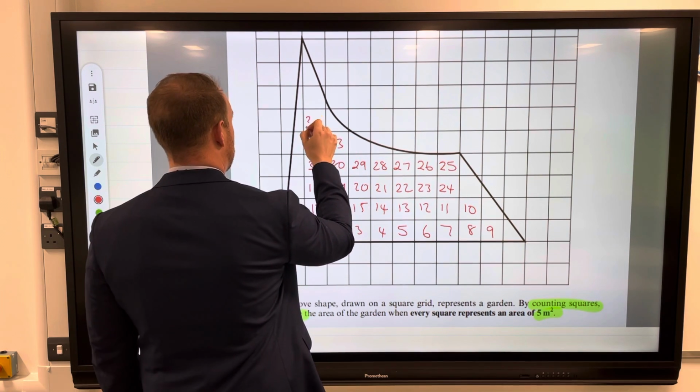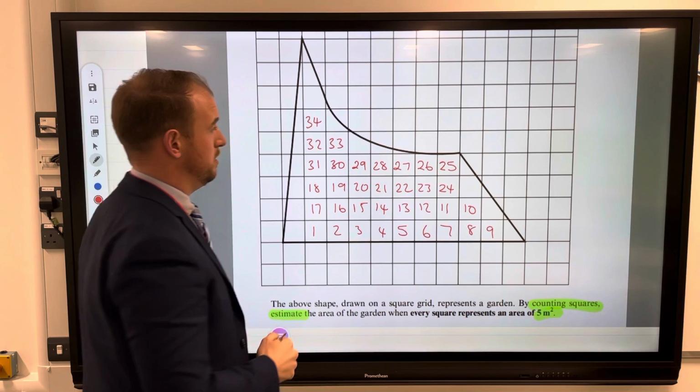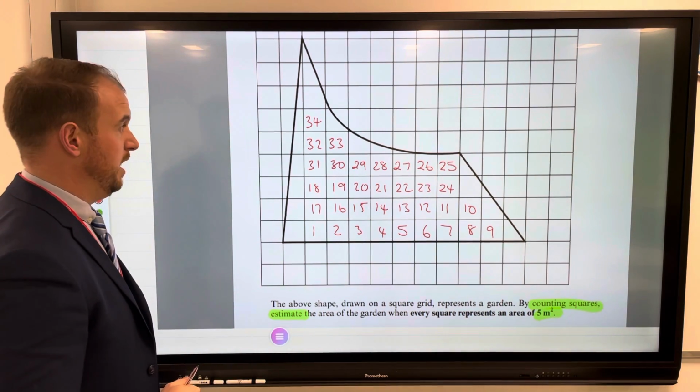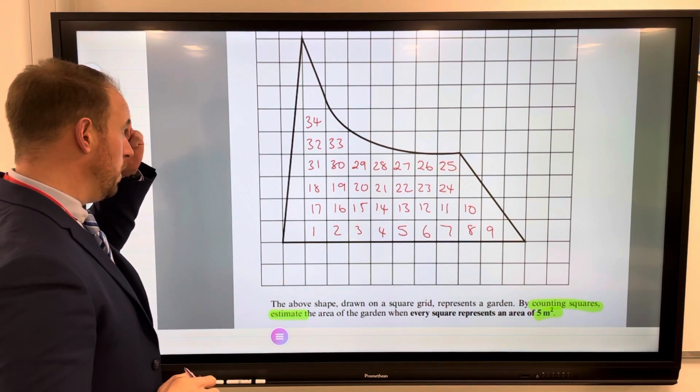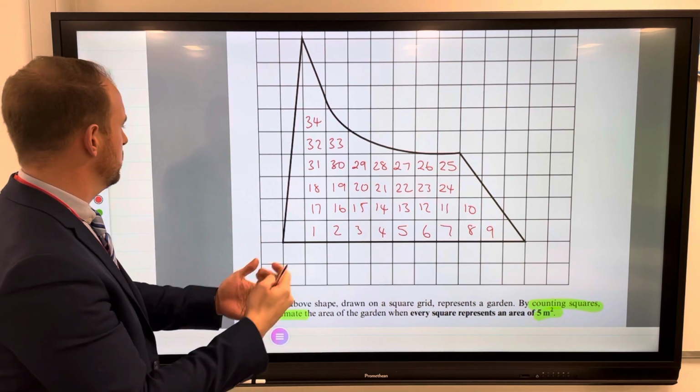But these are really easy marks to get. So we've got 34 whole squares and the rest now are just part squares.